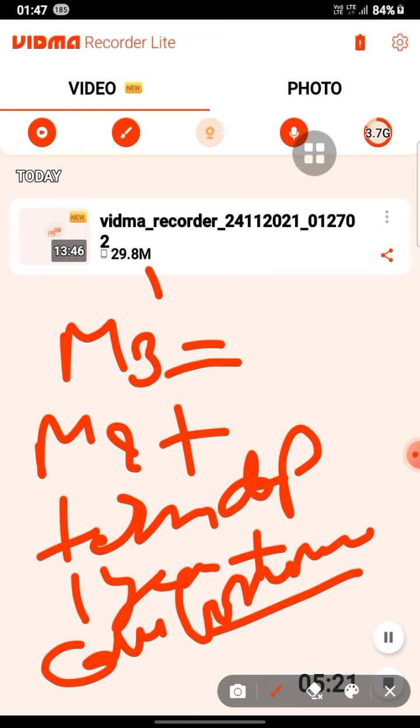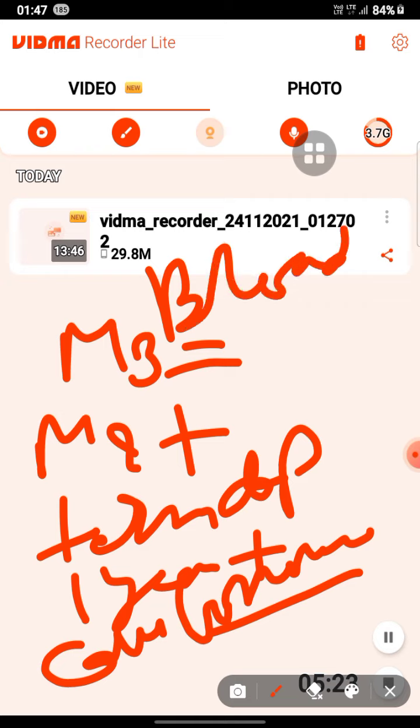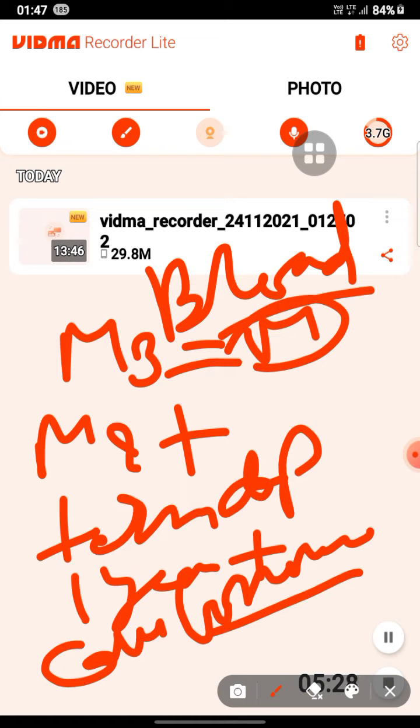M3 is known as the broad money. If someone asks what the narrow money is, it will be M1. M1 is the narrow money, because it is currency with the public plus demand deposits with the banks. But if someone is talking about broad money, then it is M2 plus term deposits with the bank plus call borrowings in the system. That will be M3, the broad money.